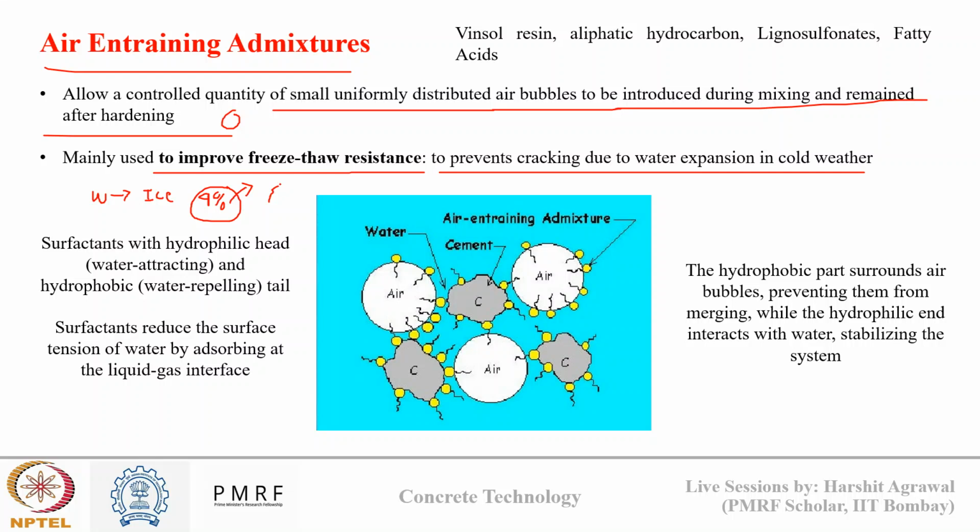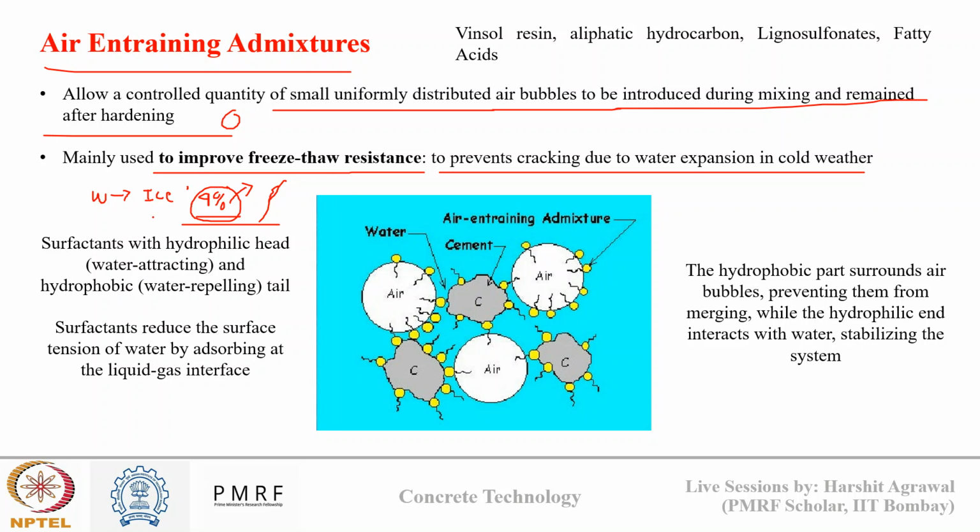So these cracks form, then again when ice melts, space is freed up, then again water will freeze and will again increase this cracking. Okay, so in this way it will cause cracking, scaling, and eventually structural damage to concrete due to continuous freeze and thaw cycles. Okay. So if the concrete is not designed to handle this volume expansion, then it will be a very big structural problem in cold weather.